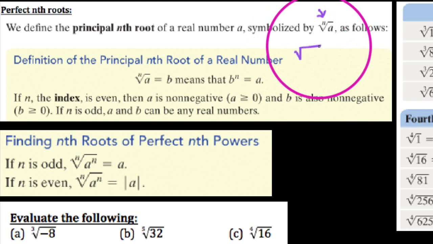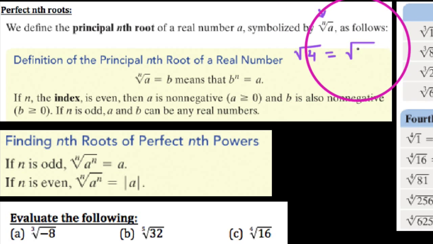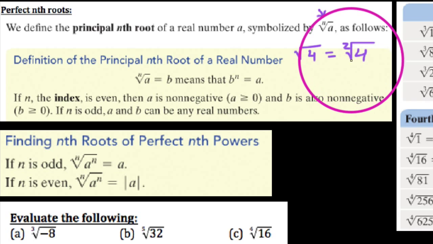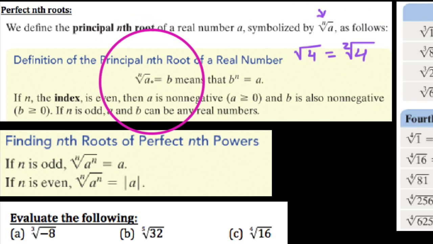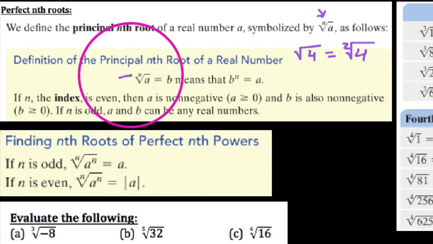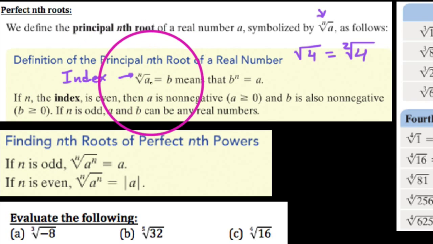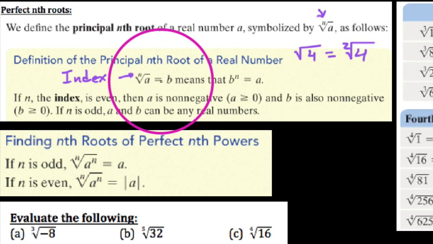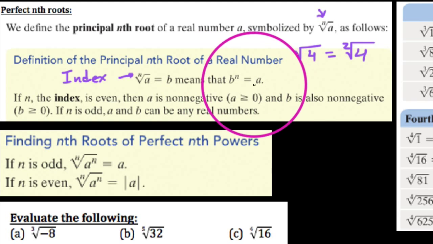The thing is, when you write the square root of a number, say the square root of 4, another way to write this actually would be 4 with a little 2 out here, where we're saying we're taking the second root of 4. And the definition of this really is this here. We say that if n, the index, and we want to make a note here, is on the outside of this, if the nth root of a is equal to b, what we're really saying is b to that power of n is equal to a, okay?